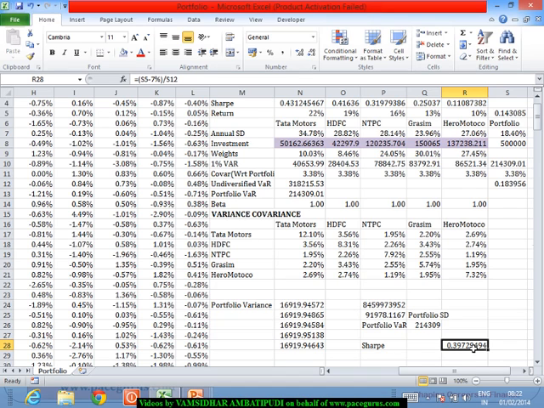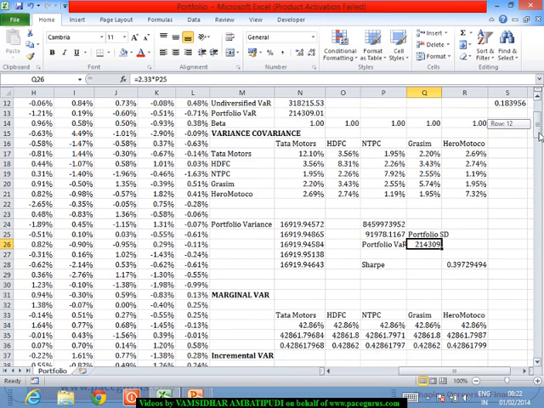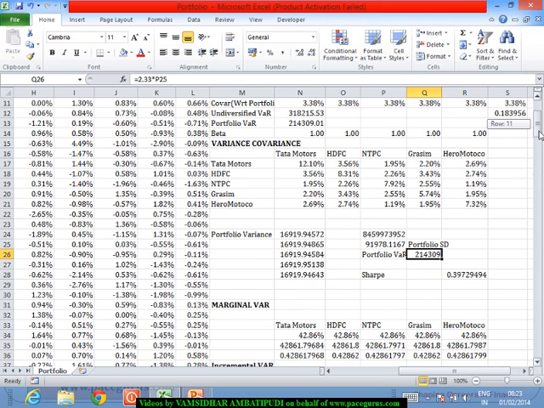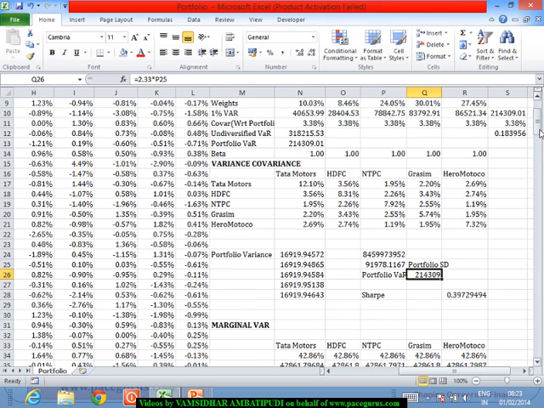Now what we are saying is, if I want an optimal portfolio, I don't want this portfolio's VAR to be minimized or the error to be minimized. I don't want the marginal VAR to be equal. Rather, I want the Sharpe ratio to be maximized if I am looking at portfolio optimization.